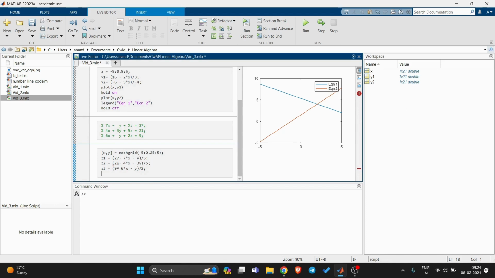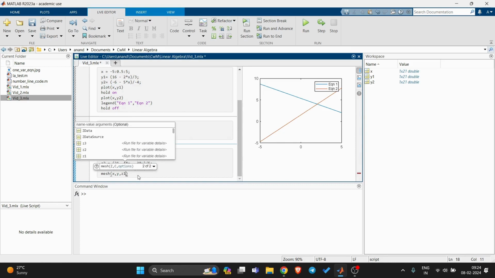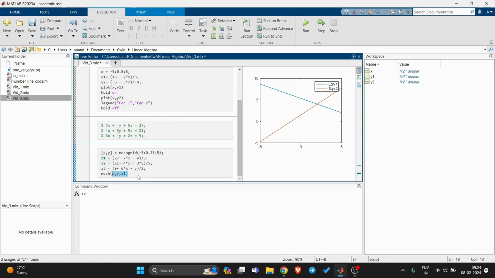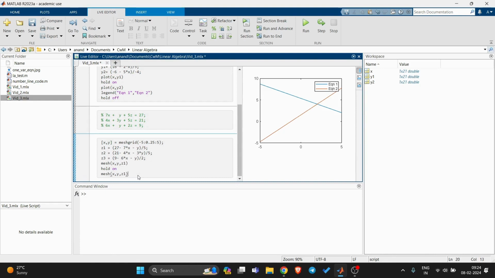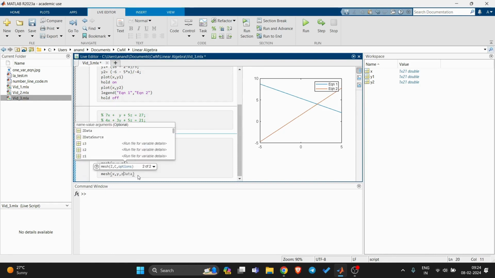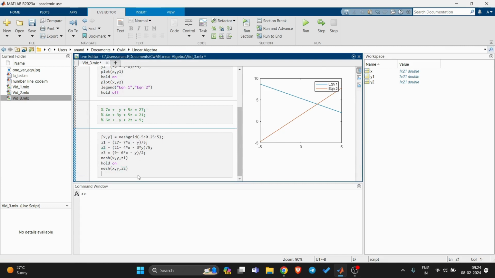And let's plot this using the mesh function. So mesh x comma y comma z1, then mesh x comma y comma z2, then mesh x comma y comma z3. And let's run this and see what we get.